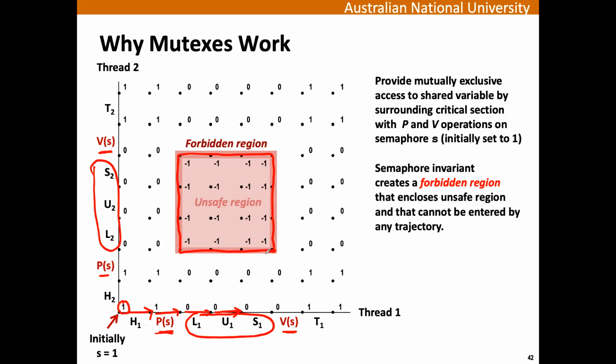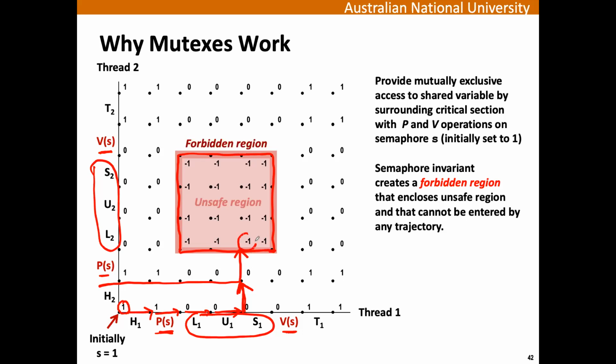Now imagine if thread 2 then executes the head of the loop, the semaphore is still 0. And let's say the thread then executes the P operation. If the thread is not suspended by the kernel, the next state would be this one.